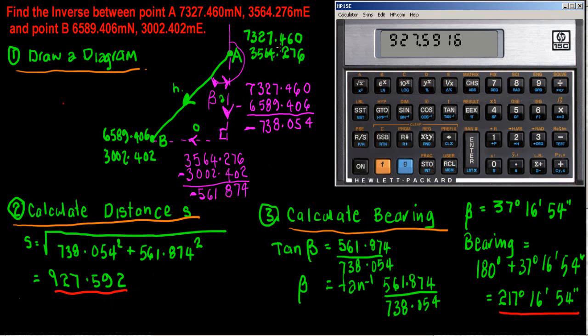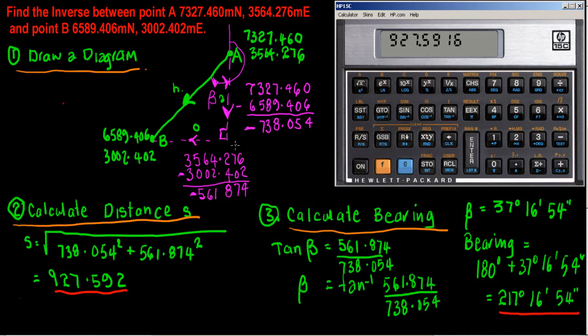I've done these calculations here from working these out just straight from the coordinates. Obviously the northing of A there, subtract from that the northing of B, that's where we get our 738.054. I've shown it as negative because we're calculating from A to B, hence the arrow there on the resultant vector, and we can see that we're going from A down here, which is negative 738.054.